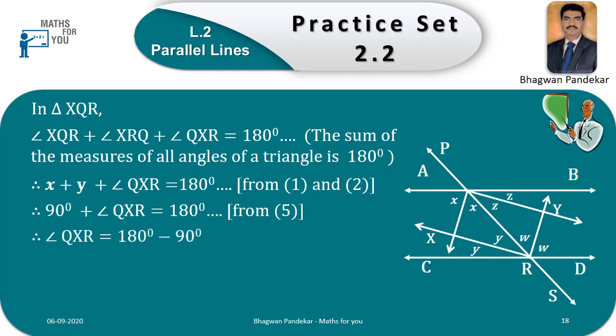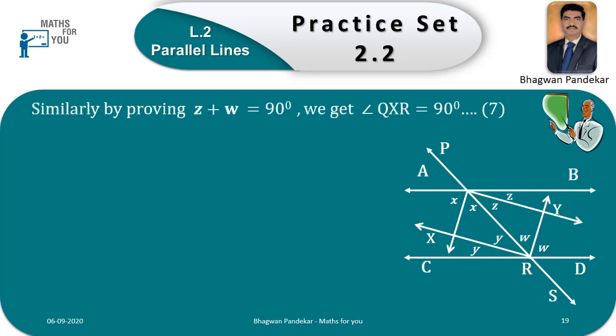Therefore, angle QXR is equal to 180 degrees minus 90 degrees. Therefore, angle QXR is equal to 90 degrees. This is your equation 6. Similarly, by proving z plus w is equal to 90 degrees, we get angle QYR is equal to 90 degrees. This is your seventh equation.